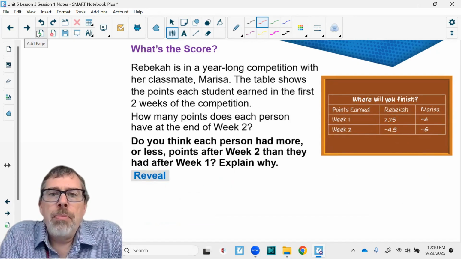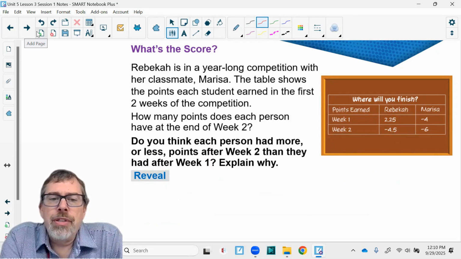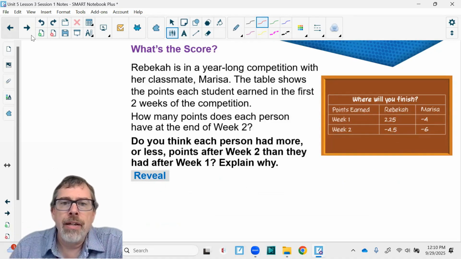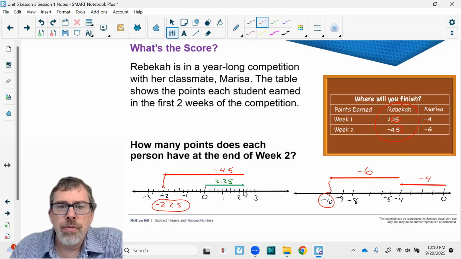Okay. How many points does each person have at the end of week 2? We just did. Do you think each person had more or less points after week 2 than they did after week 1? So if I go back, all you have to do is decide if you were to the right or left of this value here. That's the end of week 1 for Marissa, and Rebecca was here after week 1.